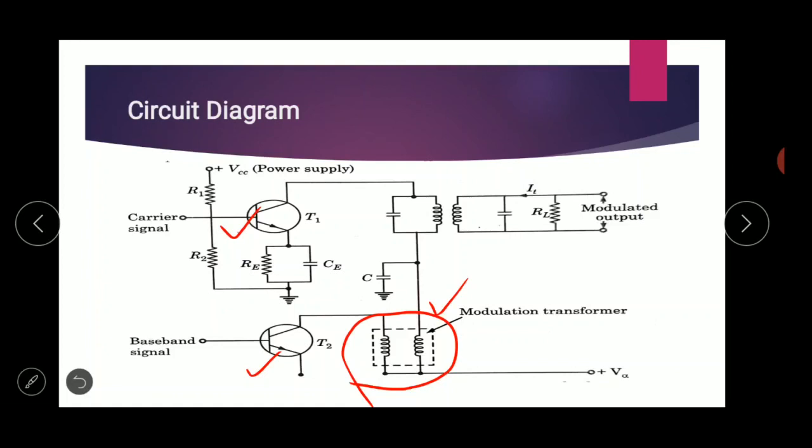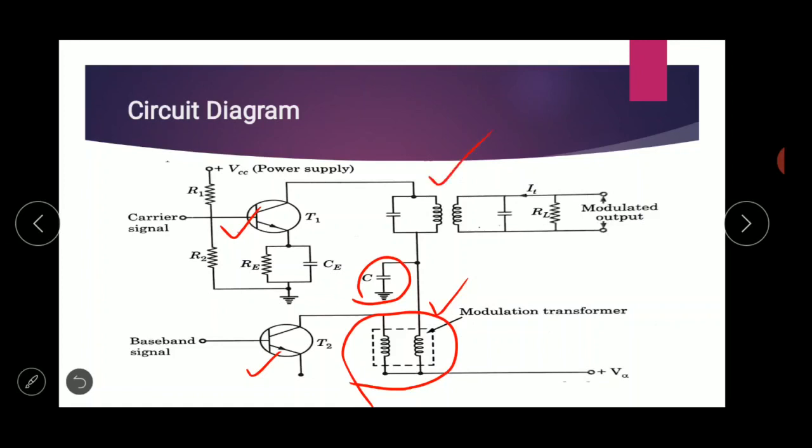This is the modulation transformer, and after amplification the signal appears here. So why is it known as the collector modulation method? Because we apply the modulating signal on the collector side of the transistor with the help of the modulation transformer.